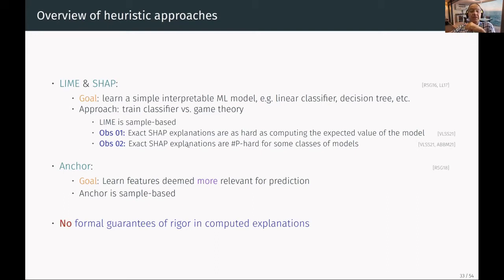For Sharp, it has been shown that if you want to get the accurate values for Sharp, it's extremely hard. Anchor really computes a set of literals, so it's an explanation as we see it. So it learns the features that are more relevant for the prediction. And like Lime, it is sample-based. Now, what we should note is that none of these tools has any formal guarantees of rigor in the way they compute explanations. So we decided to check what is going on.